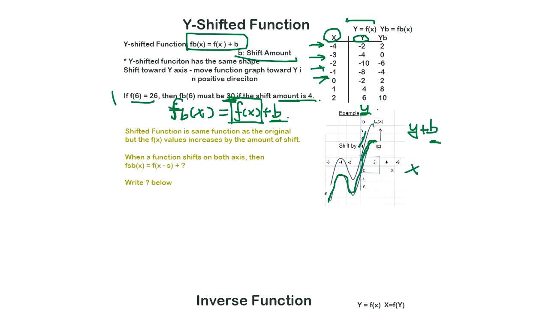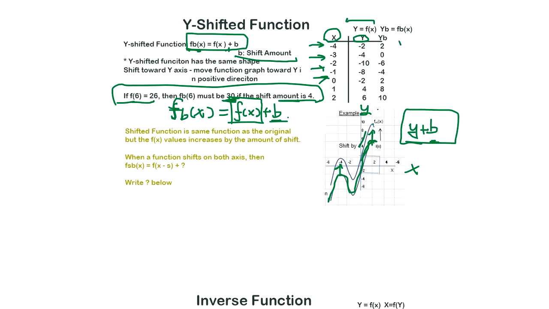Simply you add the value to the function, because you are adding b to every y value. Everything moves up by the shift amount, right? So we call that the y shift function.